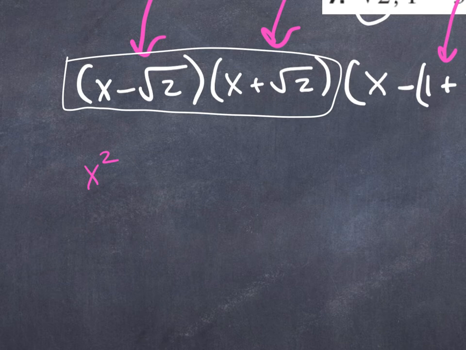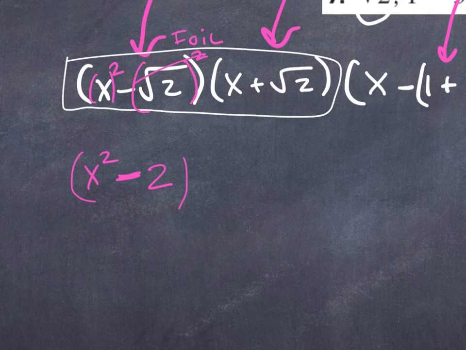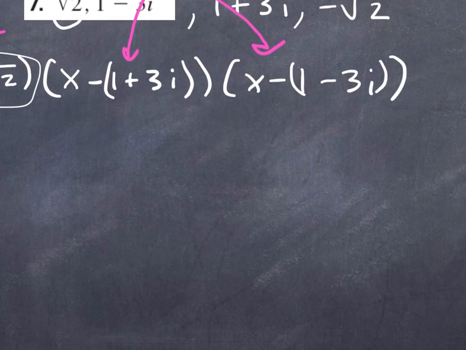So that means we can do our shortcut, square the first minus square the second. So x squared minus, what's square root 2 squared? 2. Done. That's it. We could FOIL these out and get the same answer, but it would just be a little bit more work. So just know our shortcut, square the first term, square the second. All right, let's move on to our second two.